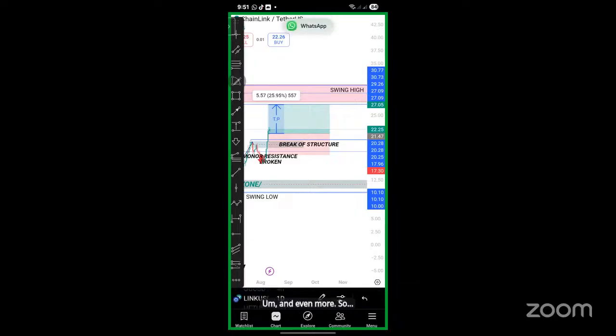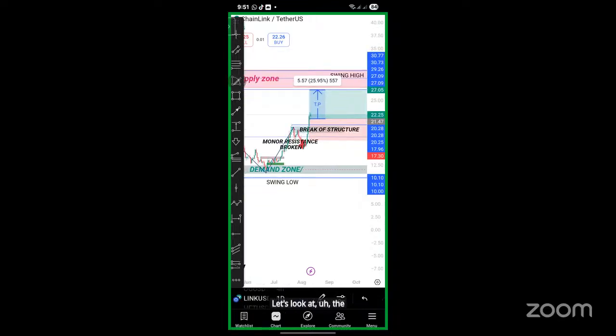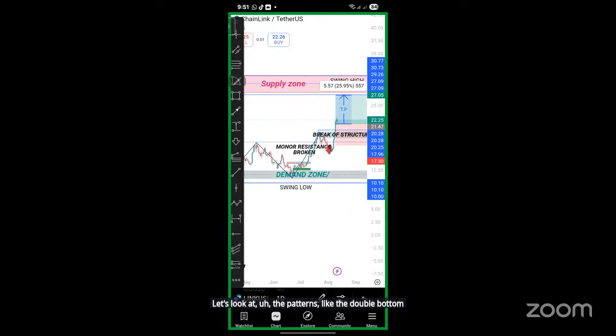So let's look at the patterns like the double bottom. Let's continue, and we'll look at chart patterns. You just write the title, chart patterns.